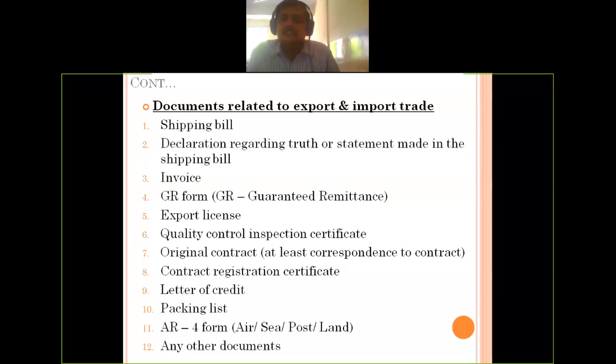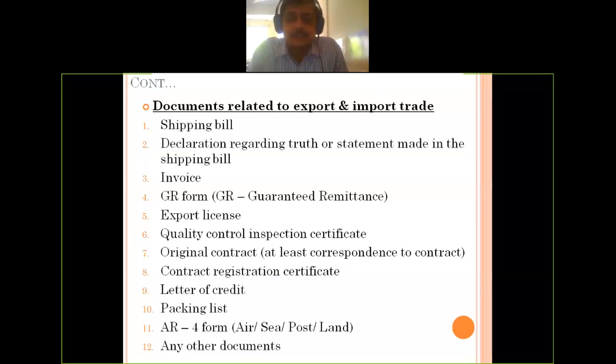And the sixth point is about the quality control inspection certificate. Yes, this is also to be considered as a gate pass. Quality control inspection will be done at the doorstep of your organization, in the production department before packaging.